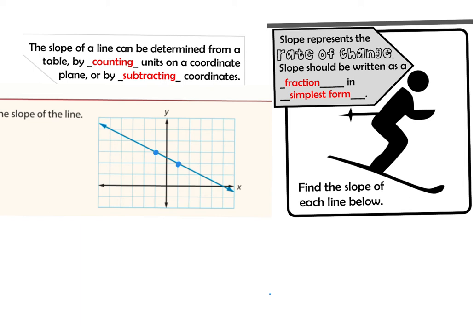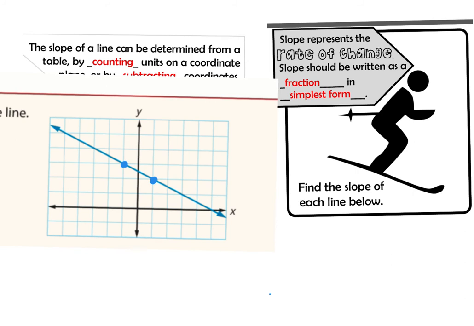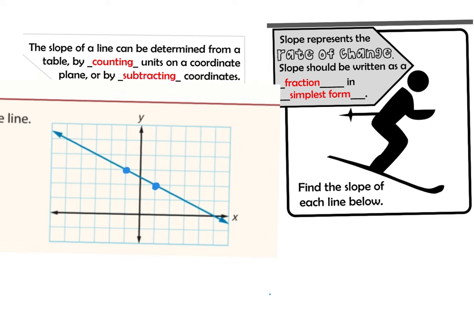That's going to help me pay attention to what numbers I'm talking about. Once I do that, you can find the coordinates if you want to. That's fine. This guy is -1, 3 it looks like, and this guy is 1, 2. But really, you want to just count and see what's happening here.